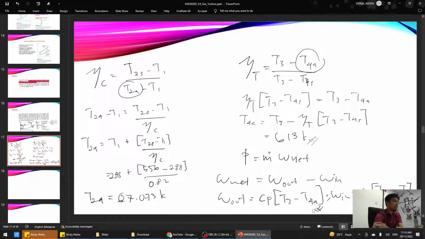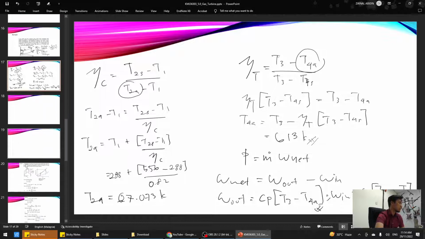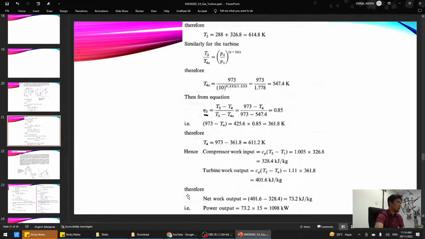Okay, so then you can get the work net, then you times dengan mass flow rate, you dapatlah power dia. Right, macam solution yang ada dekat sini. You akan dapat lebih kurang 1098 kilowatt.